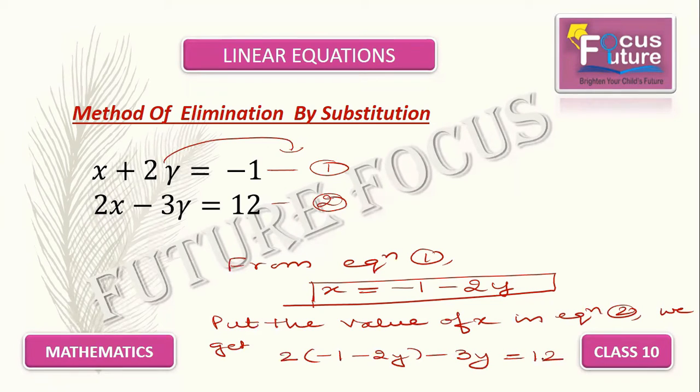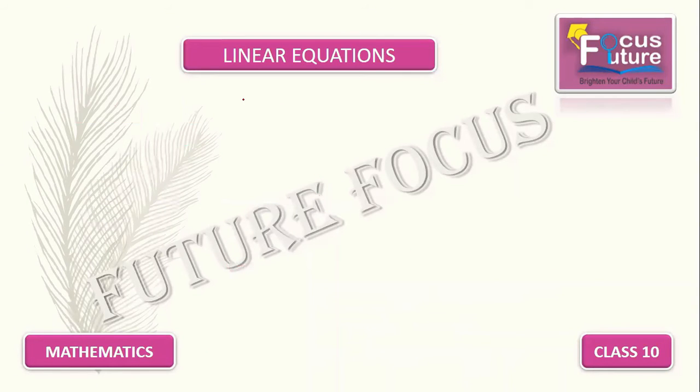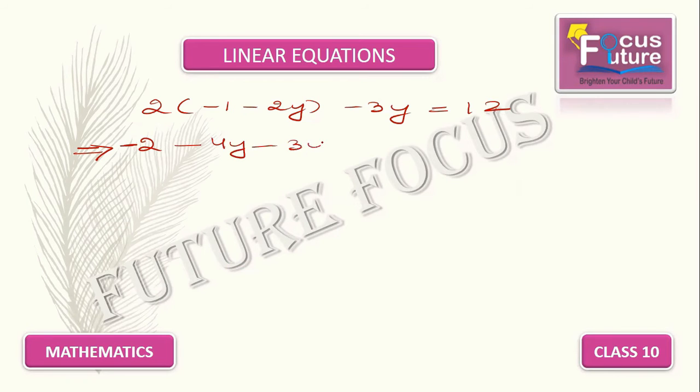Now let us further solve this. Take 2 inside. This would be minus 2 minus 4y minus 3y is equal to 12.